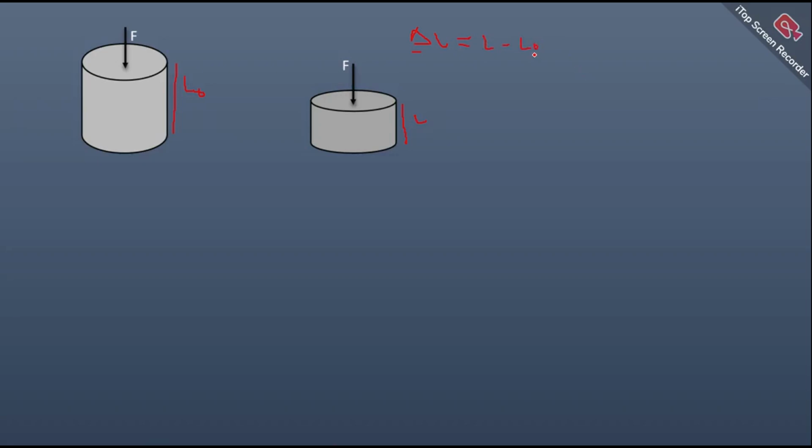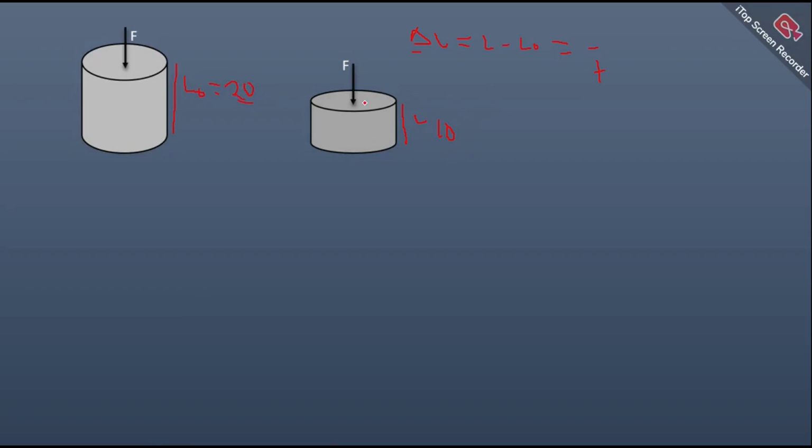Now it is worth mentioning that when you are compressing, the change in length is going to be negative. When you are stretching, it is increasing in size, so the change in length is going to be positive. We can prove this. Since it was decreasing in size, the first value is going to be smaller. We're just supposing you subtract 20 from 10, it's going to give you negative 10.